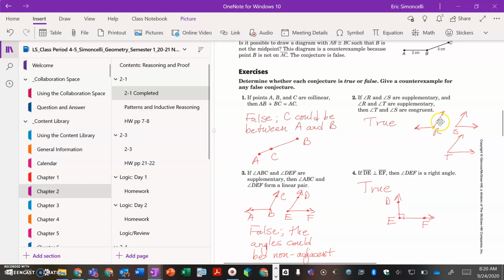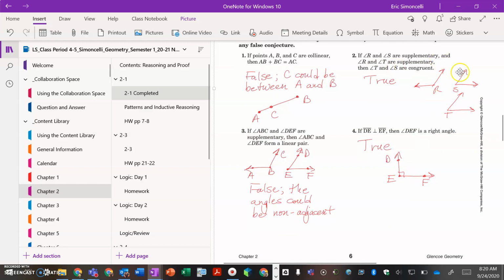Okay, if this was 150, for example, this would be 30. And again, 150, this would be 30. So both of these obviously must be 30. So this is not a counterexample. It's just proving that it's a true statement, and there's no depiction that I can create that makes this false. All right, this is a good picture that, again, just suggests that it's always true.